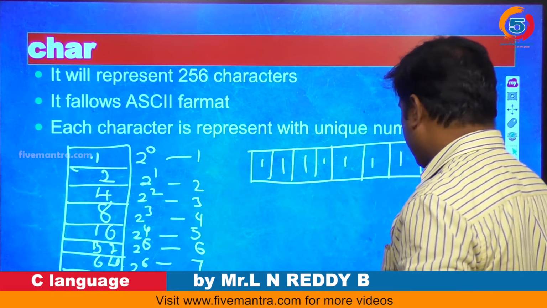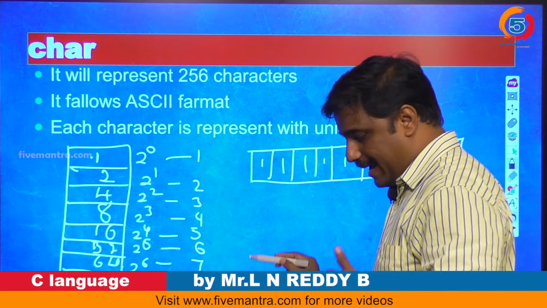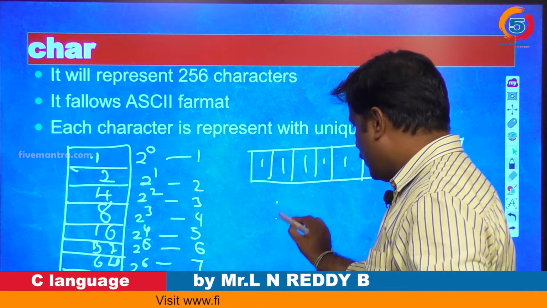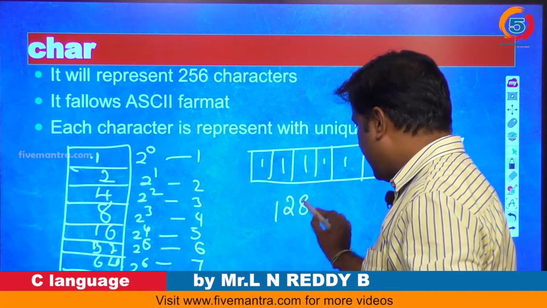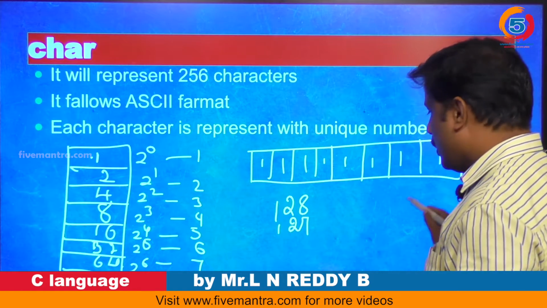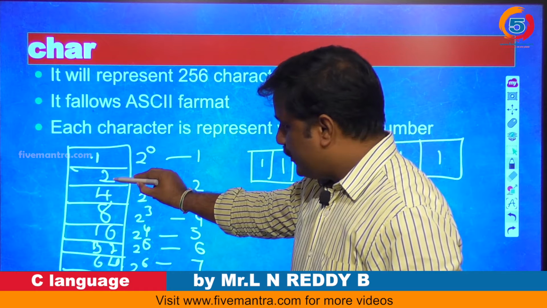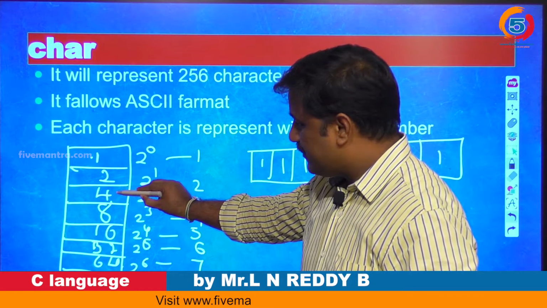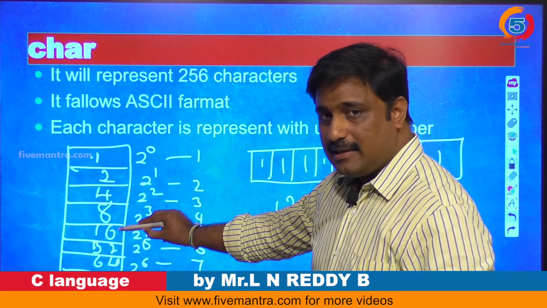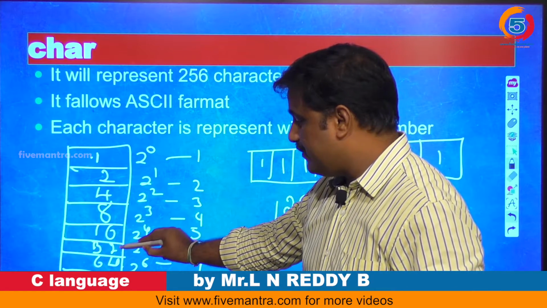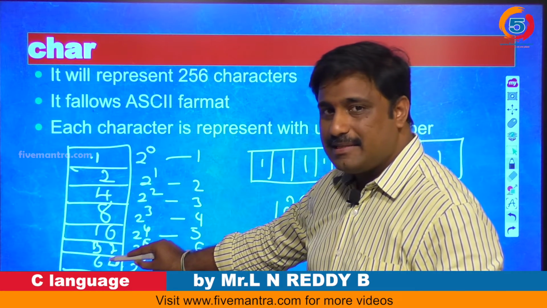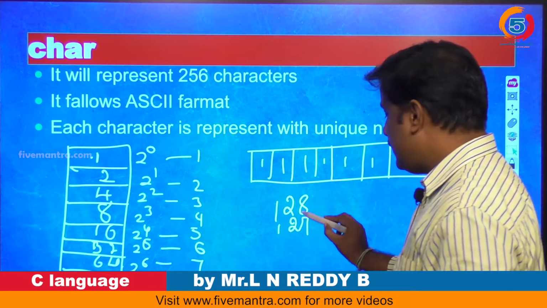If you calculate the total, adding all the numbers, you will get 127. If you observe this, 1 plus 2 is 3, 3 plus 4 is 7, 7 plus 8 is 15, 15 plus 16 is 31, 31 plus 32 is 63, 63 plus 64 is nothing but 127.